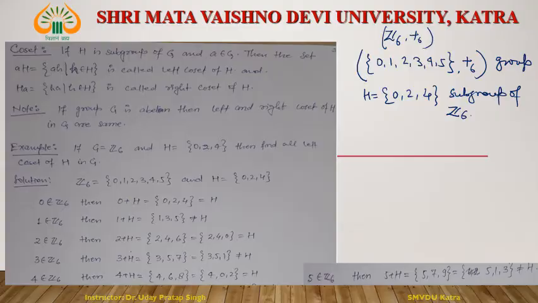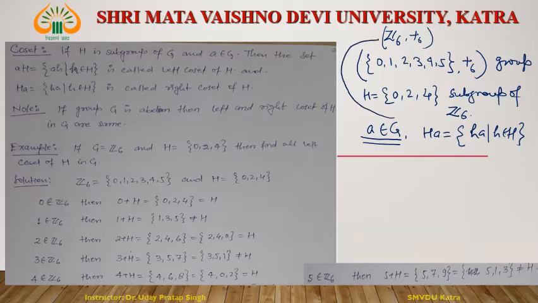Then what are the cosets of H in Z6? Say, a belongs to G. Then what is ah? Here h belongs to capital H. Now see, a belongs to G. What is G? G is Z6.